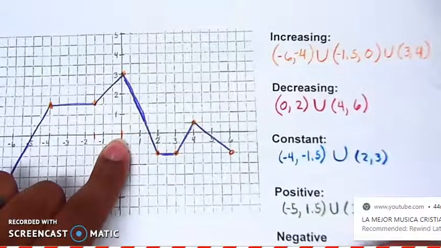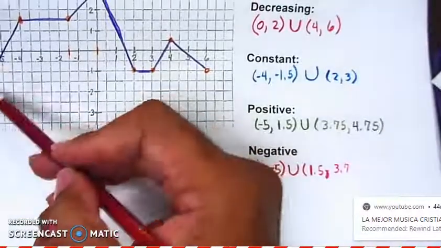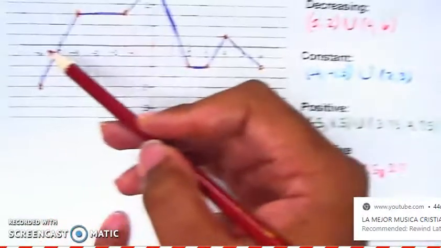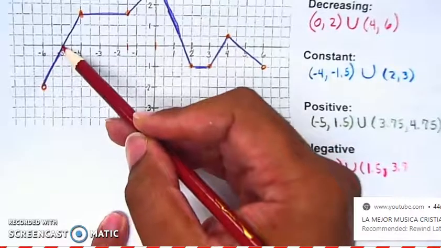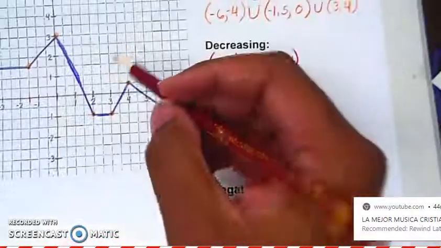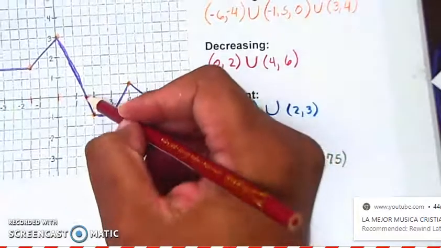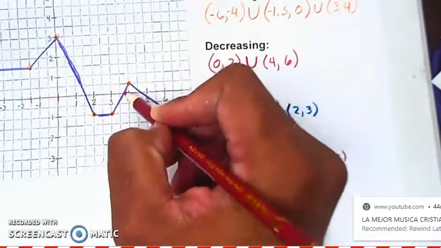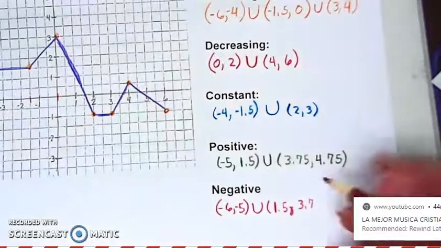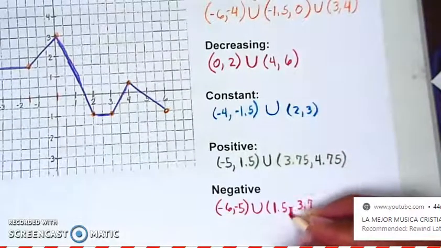So we had -6 to -5 was the first part. Then the second part was from 1.5 to about 3.75. So we do 1.5 comma 3.75.